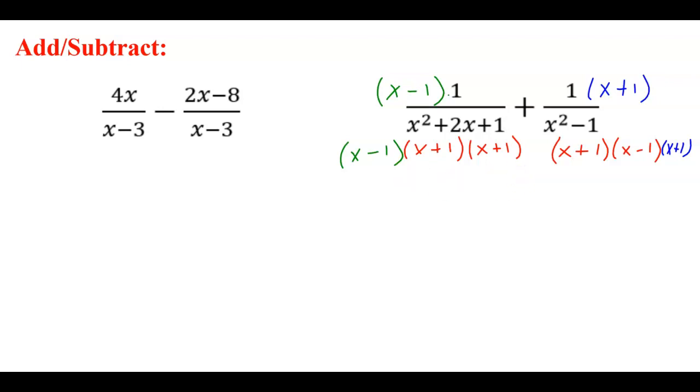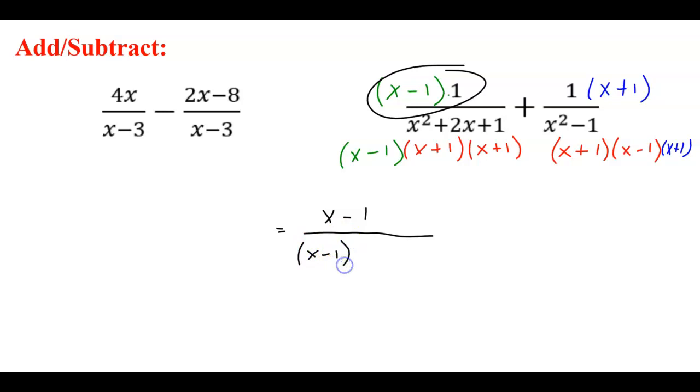Okay? You can only multiply them to make them bigger. You can't just take something away. So that's why I had to multiply this one over here by an additional x plus 1. So now on top, x minus 1 times 1 is just x minus 1 all over our common denominator, x minus 1.